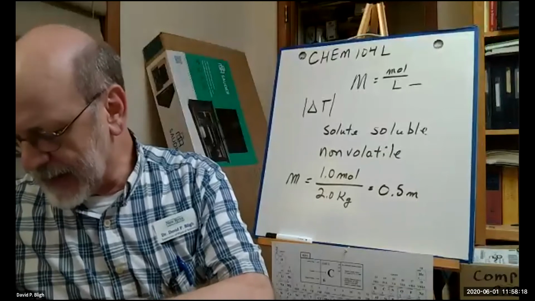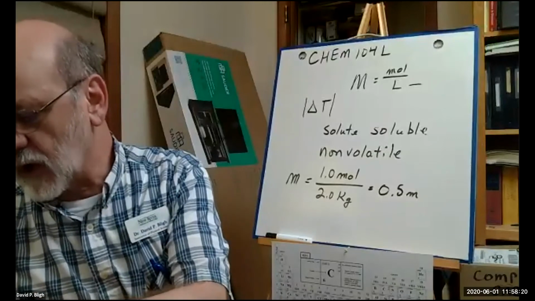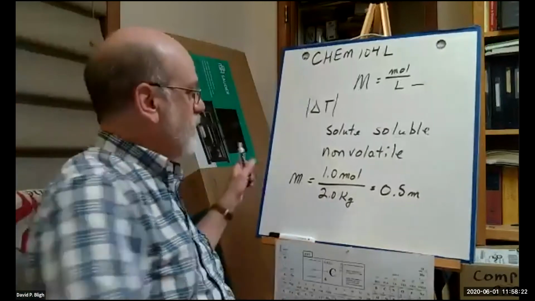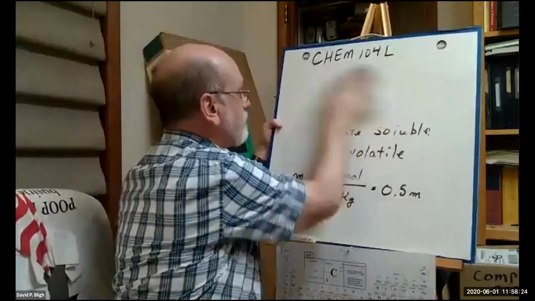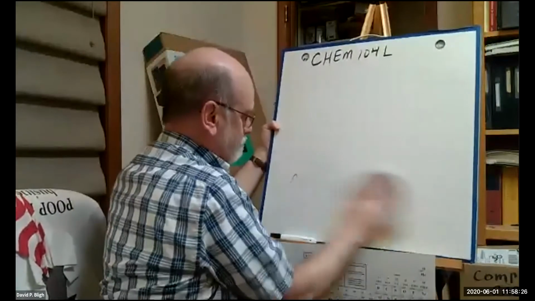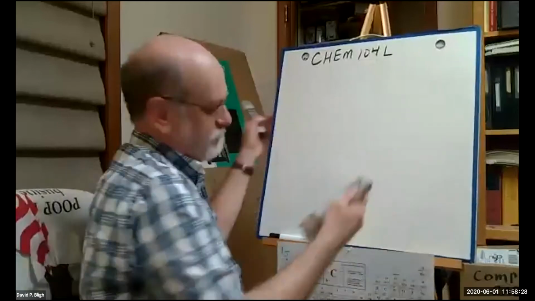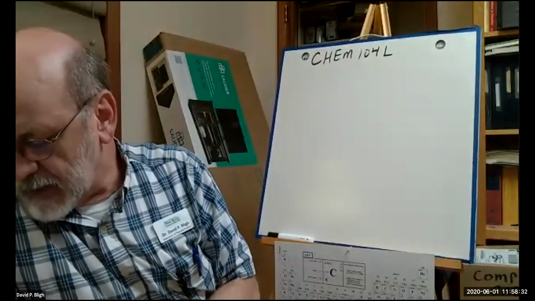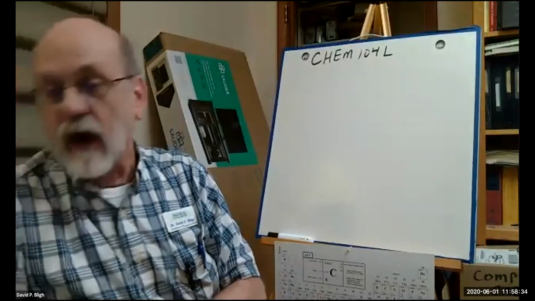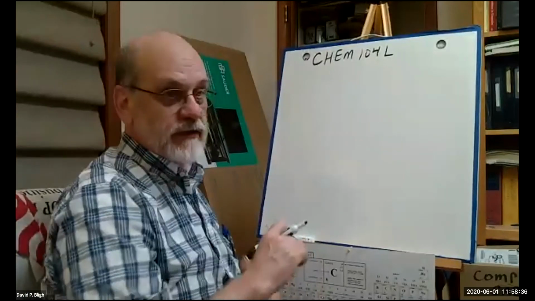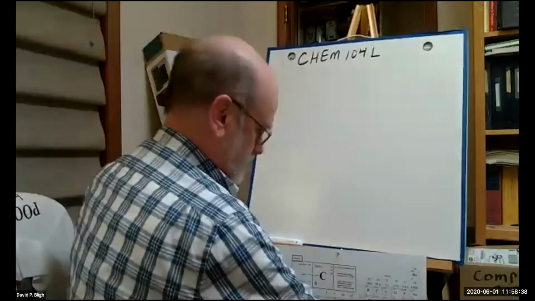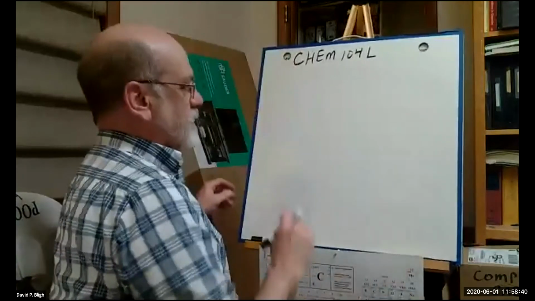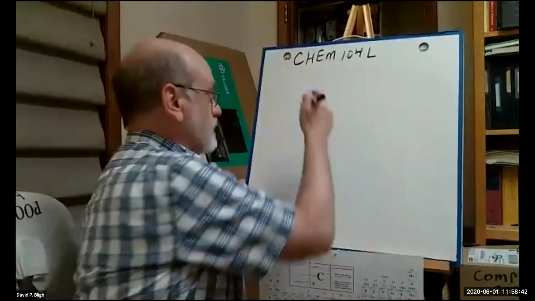And number 5 in our discussion questions. I need a whole board for this one. Calculate the freezing point depression of a solution that contains. Oh, calculate the freezing point depression. So we're going to use that same formula.